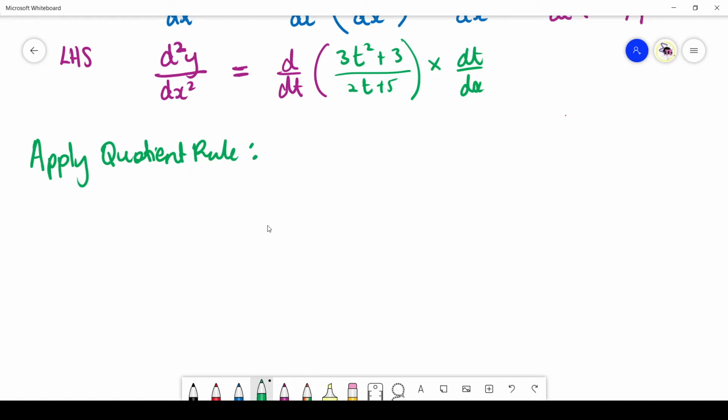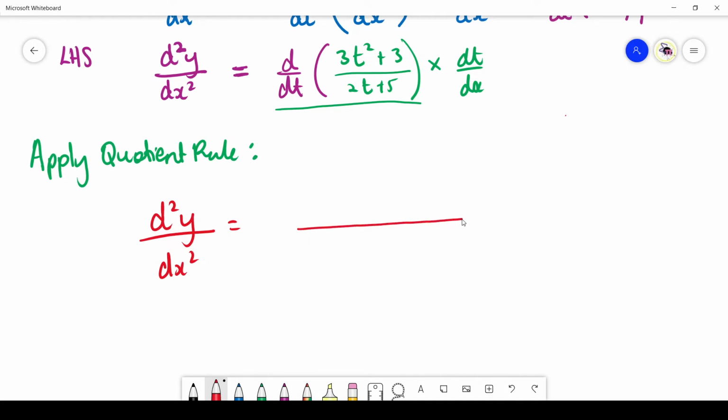Okay? So when I differentiate what is within brackets here, I will get d2y, I'm going to do it all in one. d2y dx squared is going to be equal to, differentiating this with respect to t, for the quotient rule, you're going to get v squared on that denominator, subtraction sign.